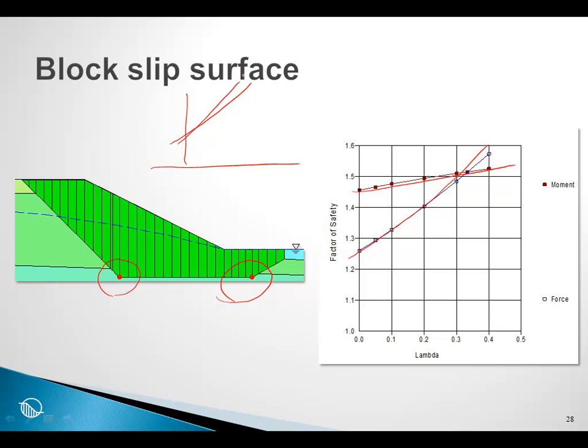I won't take the time here to talk about block slip surfaces, but they are useful sometimes, but they have to be used with some considerable caution because of the sharp corners here. The point is, once again, the GLE plot can help us interpret the results, particularly if the moment factor of safety and force factor of safety curves tend toward being parallel, and they may even have several crossover points.